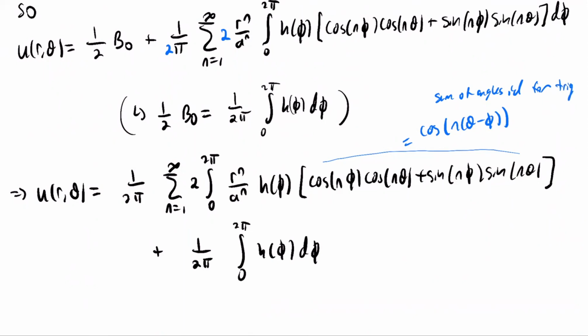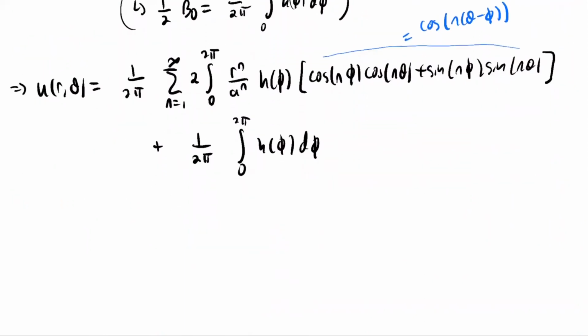Right, and so I can finally write u of r, theta as, well, it's 1 over 2 pi times, or let me switch the order of the integral and sum, excuse me. So it's the integral from 0 to 2 pi, 1 over 2 pi.